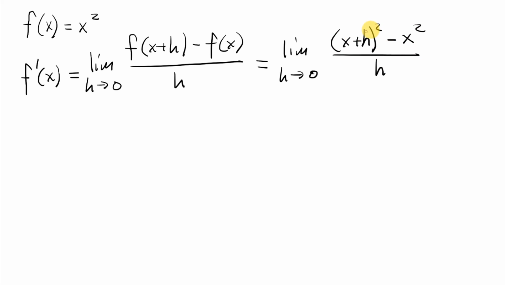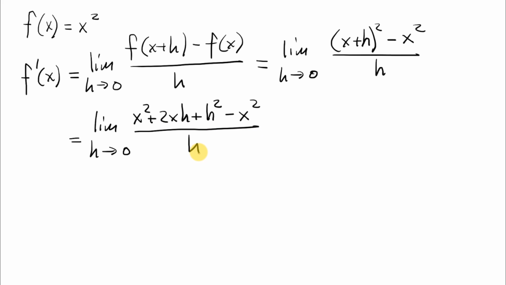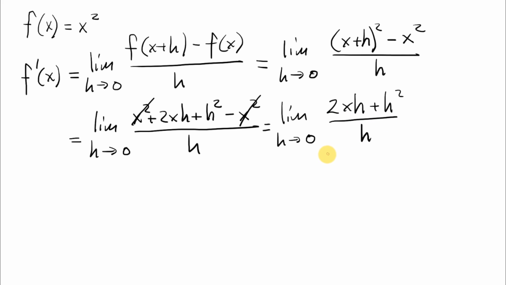To simplify this, we can use the square of a sum rule. And then we get this. And then we need to take away x squared. Here we see that x squared will cancel. Which gives us this.